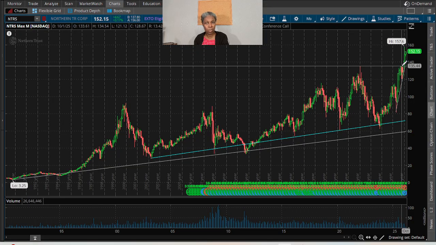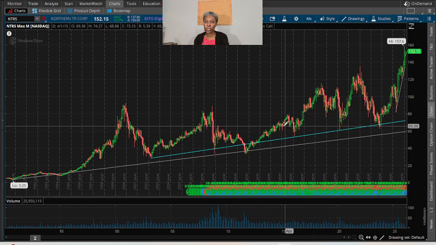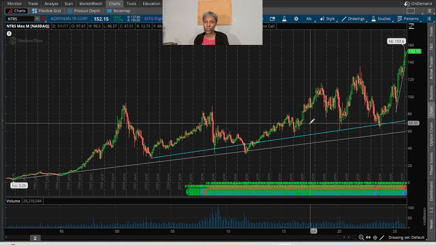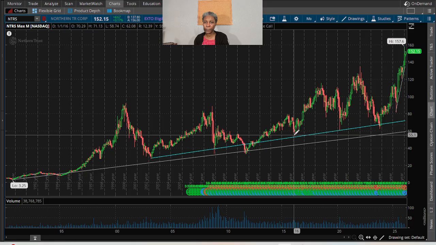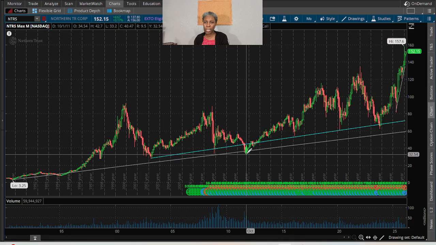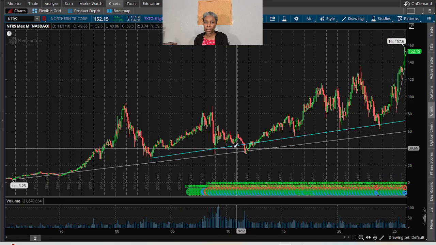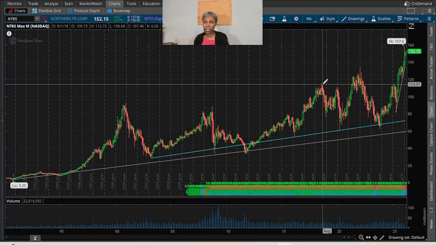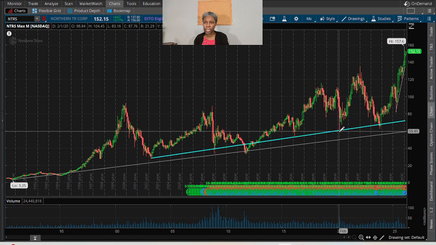So that is good, but it's not done. So I'm going to come back and use this cycle here. This cycle started somewhere here. In fact, it started here, all the way to here, and then it came back down.